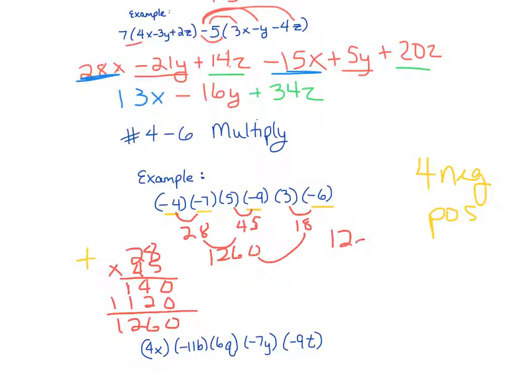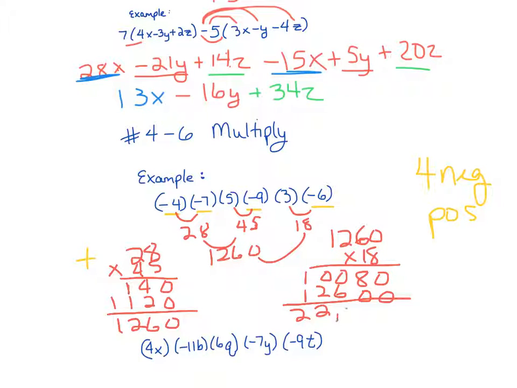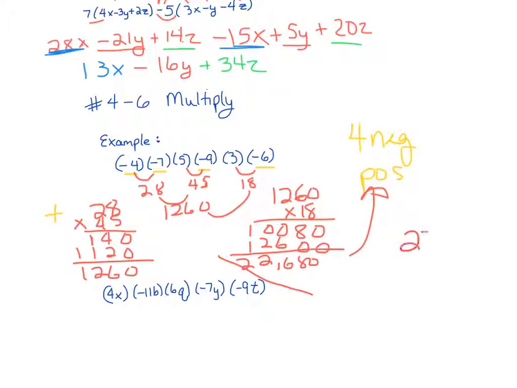So 1260 times 18, and I'll add that up. Final answer: 22,680. And because I saw that my answer was going to be positive, this is my answer, 22,680.